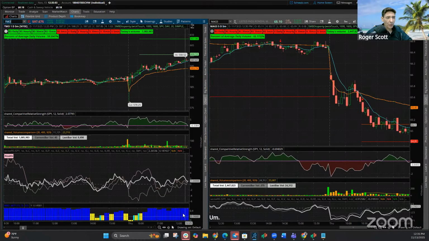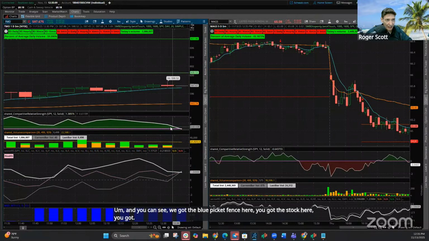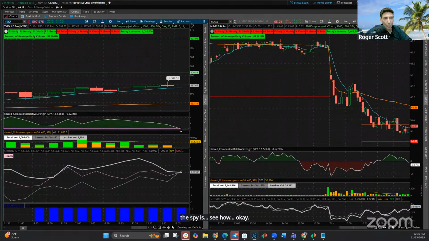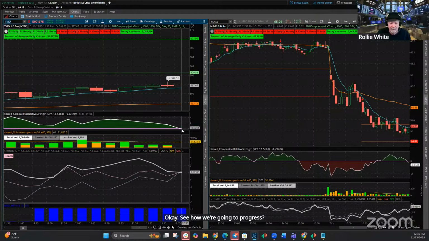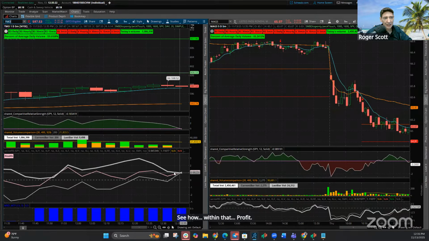And you could see we got the blue picket fence here. You got the stock here. You got the SPY, see how we're going into red territory right here, Raleigh. If it goes down further, see how it's below positive. You see how the index is crossing the strength of the asset, and how the sector that it's in is now gaining strength.